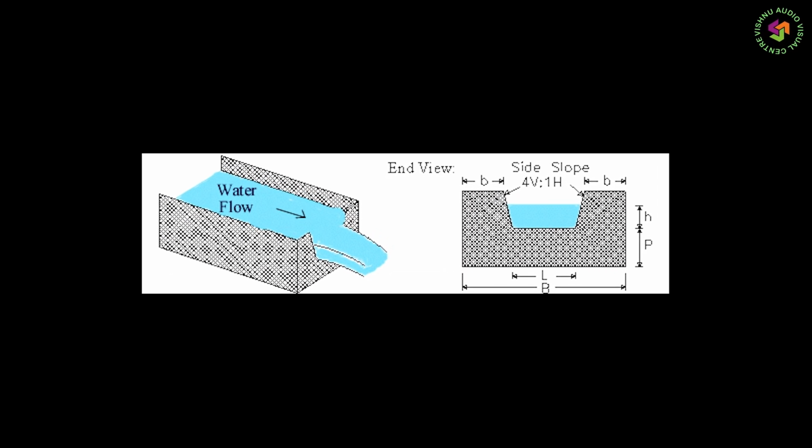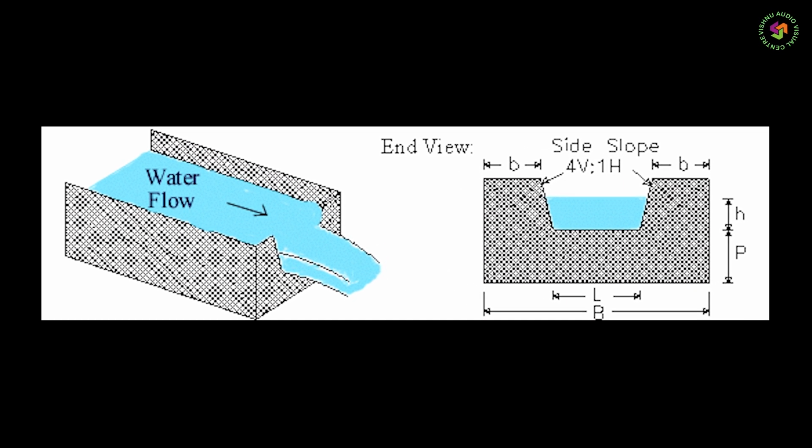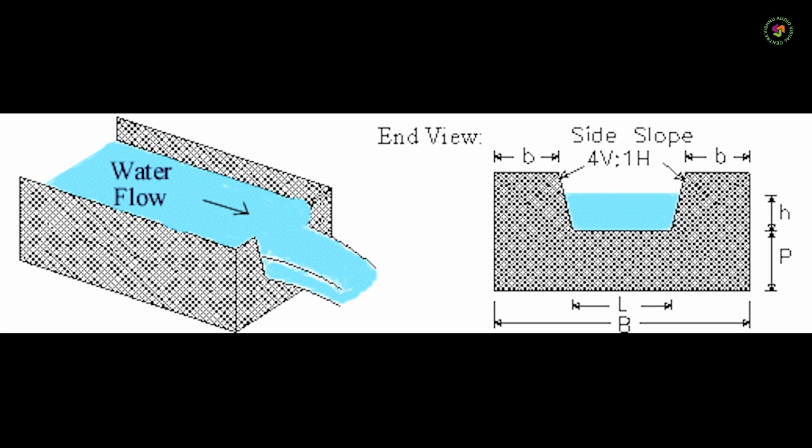Then considering n contractions, how the discharge equation modifies. Like that we derived and solved some problems. So in this lecture also, we derive the equation for discharge in the case of a triangular notch or V notch, and then proceed further for the problems.